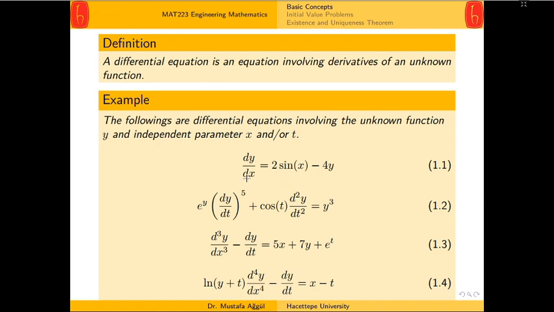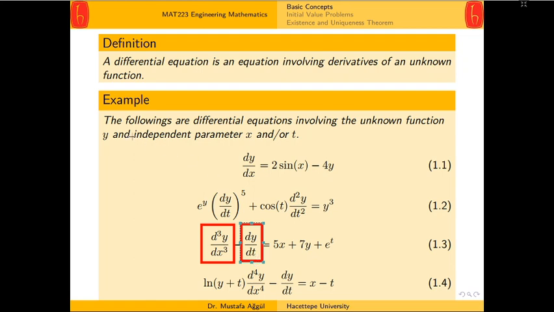In the second example we again have the first derivative, raised to the power fifth, and also we have the second order derivative of y with respect to t this time, and our independent parameter is t this time. Next we see the third derivative of y with respect to x, and also the first derivative of y with respect to t.